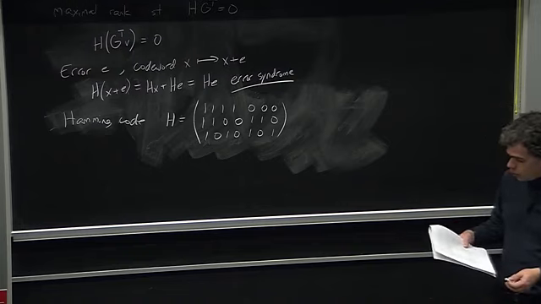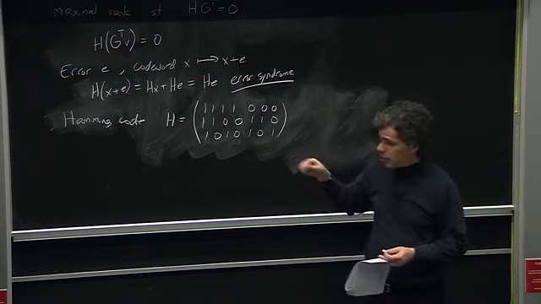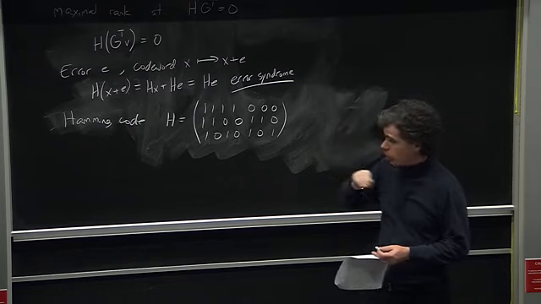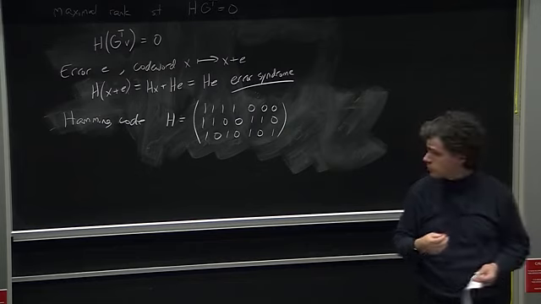For instance, this is saying that for all the code words of the Hamming code, the first 4 bits have to have even parity.